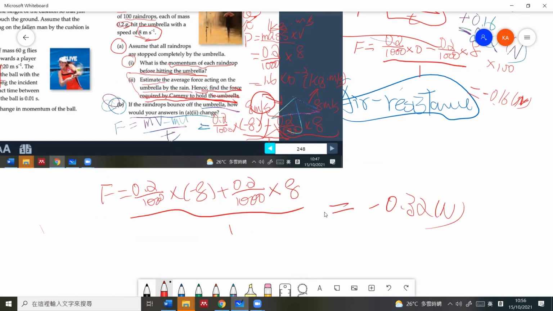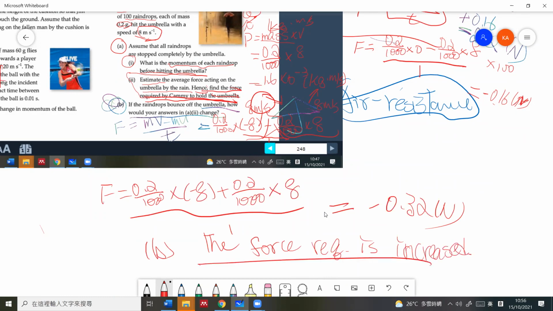So for letter B, the force required is increased.